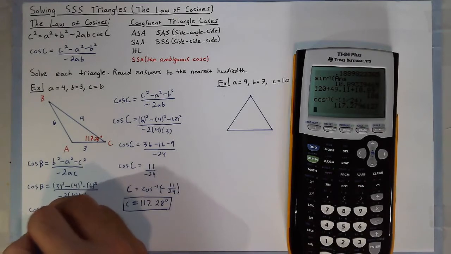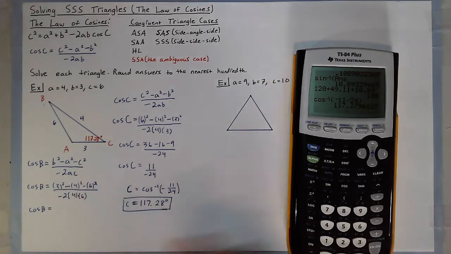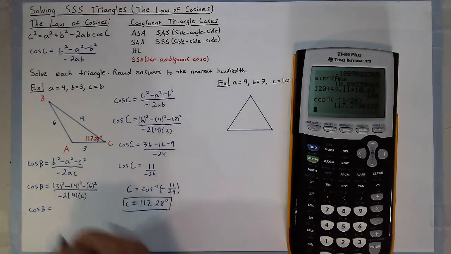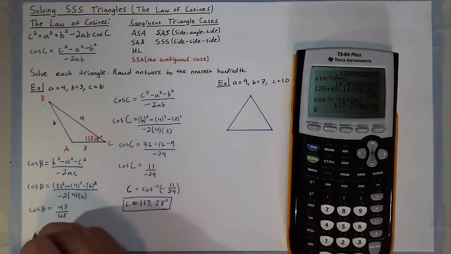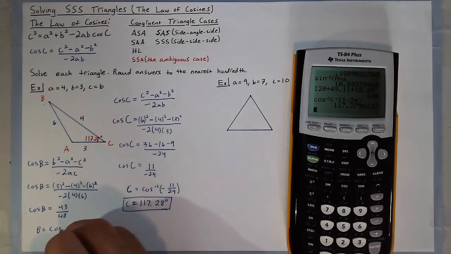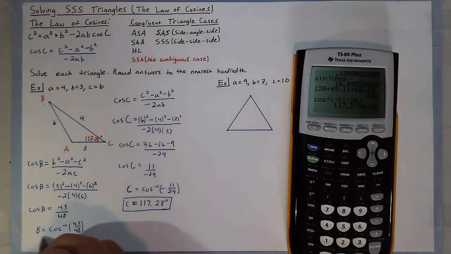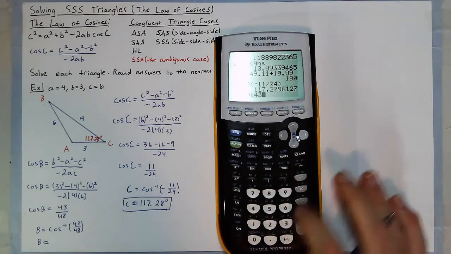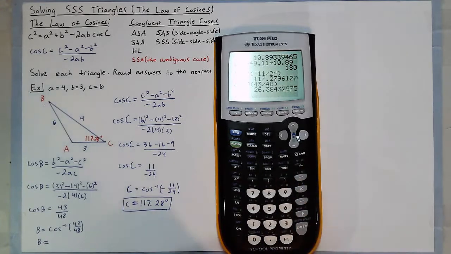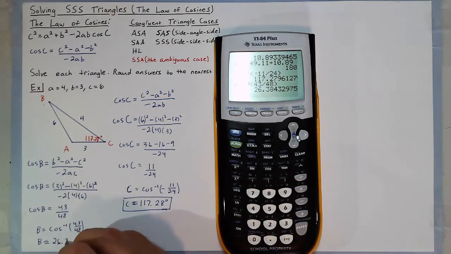So cosine of b, when you enter all of that, gives you the fraction 43 over 48. You'll get a double negative, making it positive. So b would be equal to cosine inverse of 43 over 48, which makes b approximately 26.38 degrees.